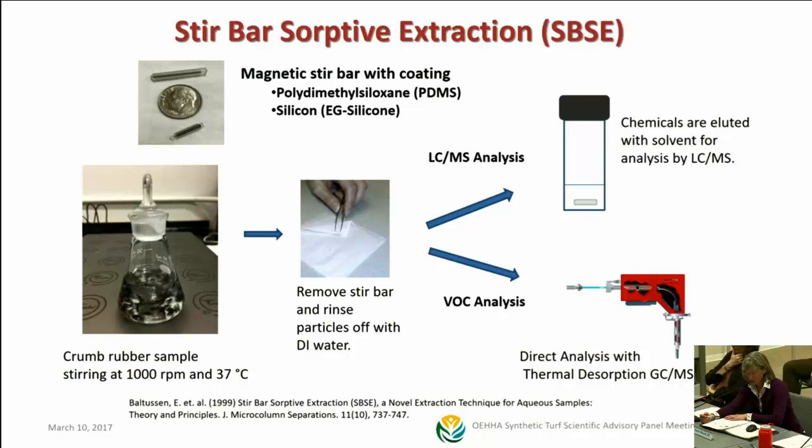So we are proposing using 2 types of coatings. One is polydimethylsiloxane, or PDMS, which is effective for lipophilic chemicals. This particular one can go to VOC analysis, semi-volatile analysis, as well as non-volatile analysis. The second one is a silicone stir bar, and it's effective in capturing polar chemicals such as phenols and esters, and this one can be used for LCMS analyses.